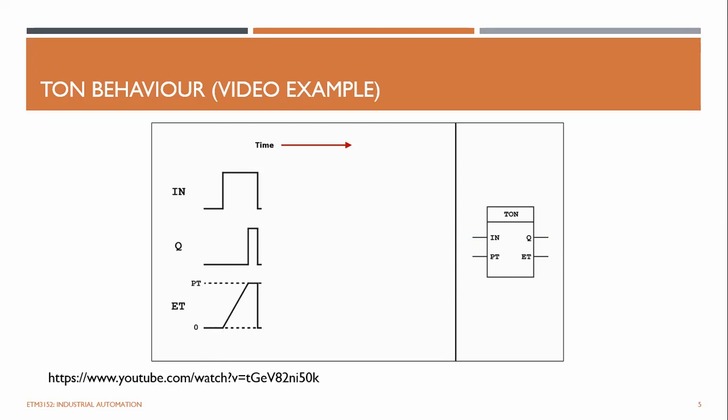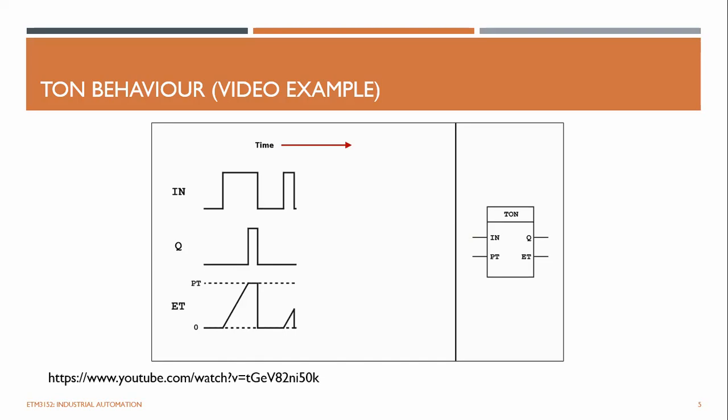Let's try to turn on the input again, and you can see the elapsed time started to count again. But what will happen if we turn off the input before the elapsed time reaches the preset time? So before the delay has happened. Well, as soon as you turn off the input on an on-delay timer, the elapsed time will be reset immediately.